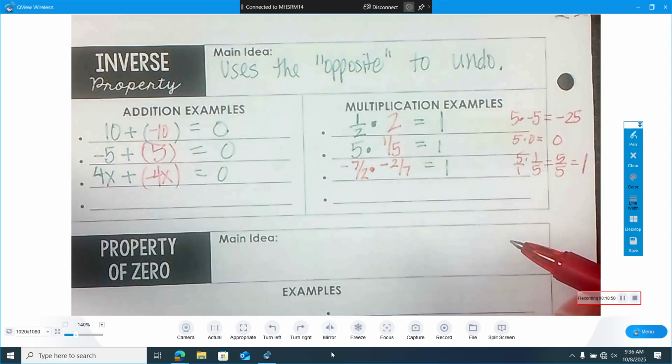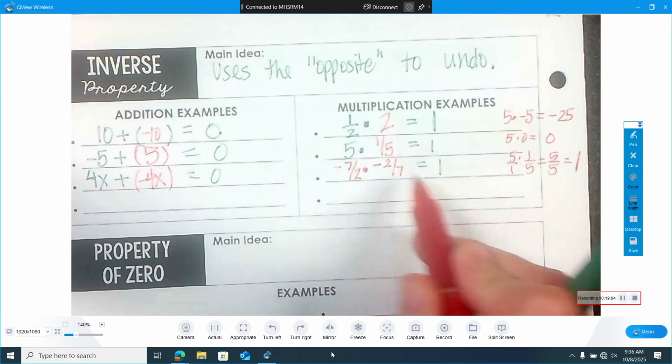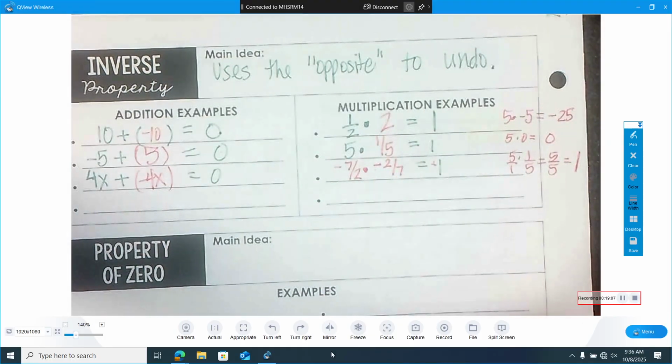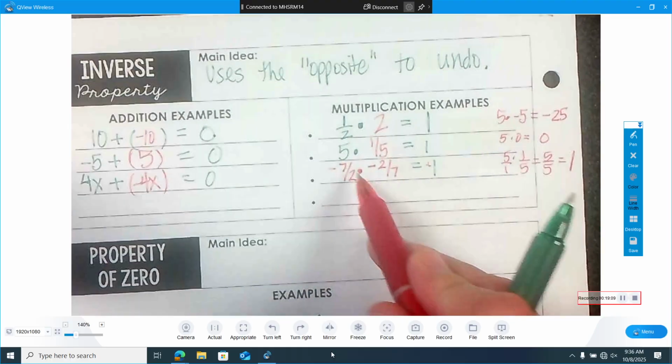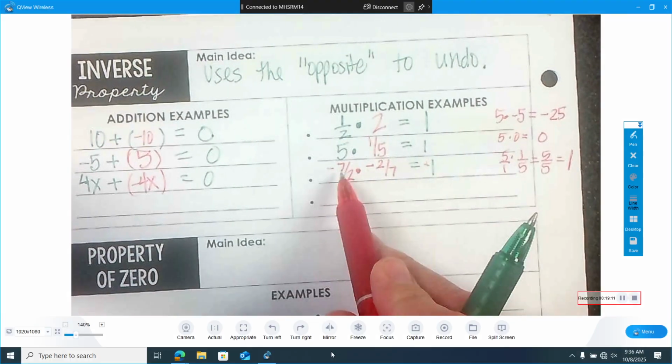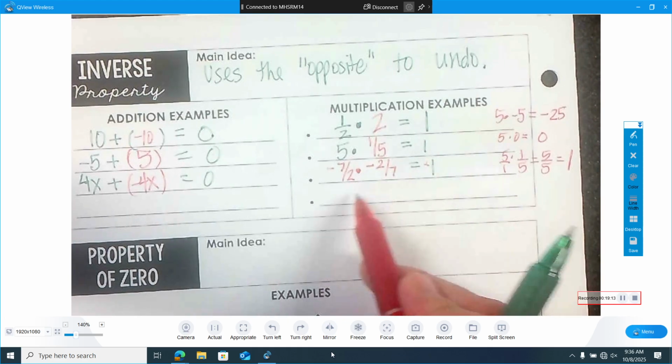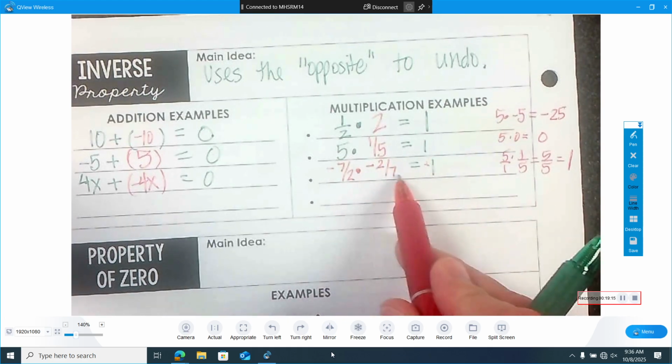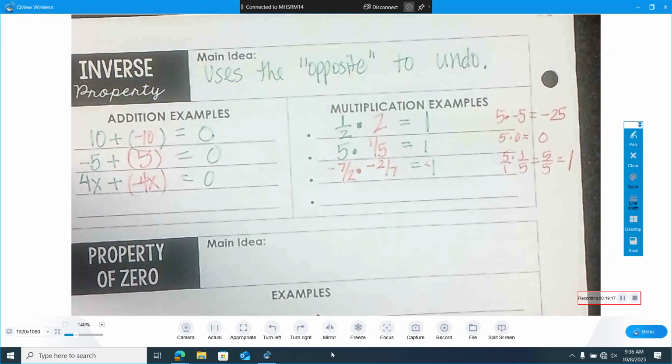These are reciprocals. The fractions are flipping. Negative times negative gives me that positive I'm looking for. And 7/2 times 2/7. Remember, to multiply fractions, we go straight across. 7 times 2 is 14. 2 times 7 is 14. What's 14 over 14? 1.